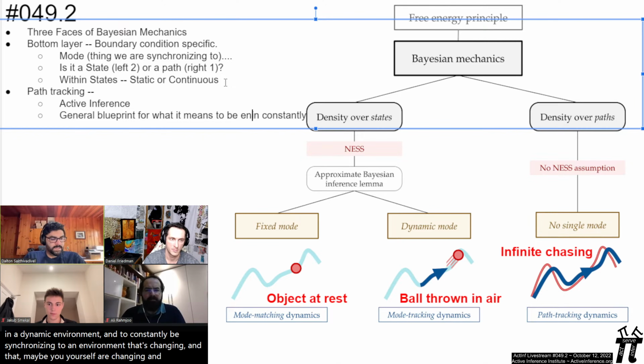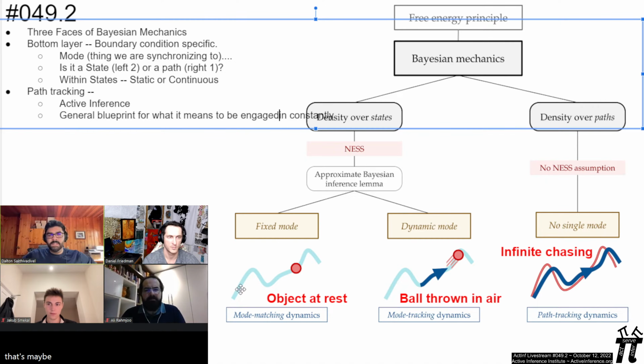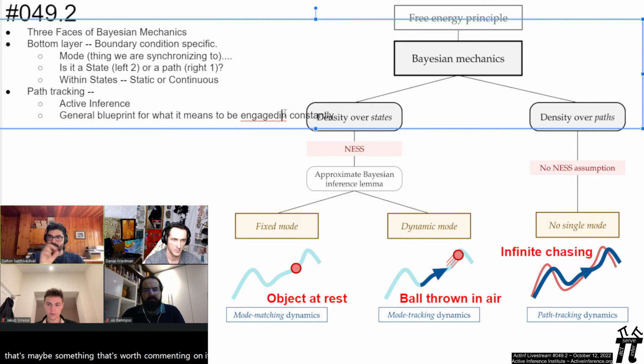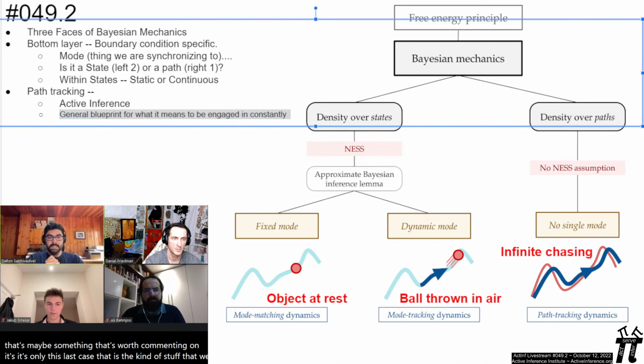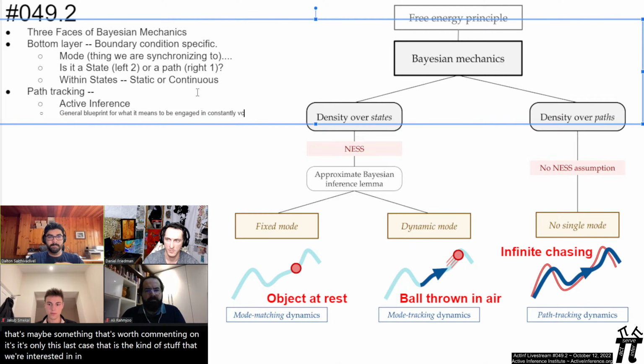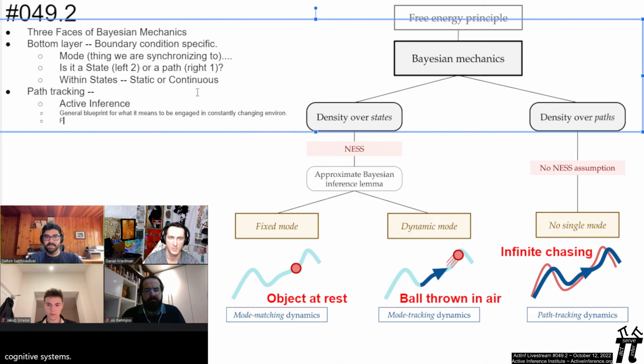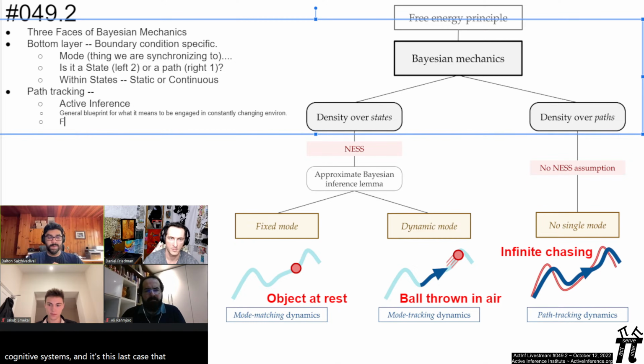And that's maybe something that's worth commenting on. It's only this last case that is the kind of stuff that we're interested in terms of worked examples when it comes to genuinely cognitive systems. And it's this last case that we know the most about in terms of worked examples.